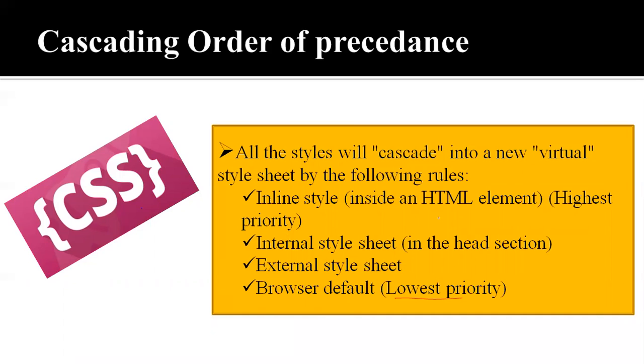The browser has some default or inbuilt CSS properties, which have the lowest priority, and the next precedence is given to the external style sheet, which overrides the default properties of the browser. And again, the next higher priority is of internal CSS, which can override the properties of external CSS.